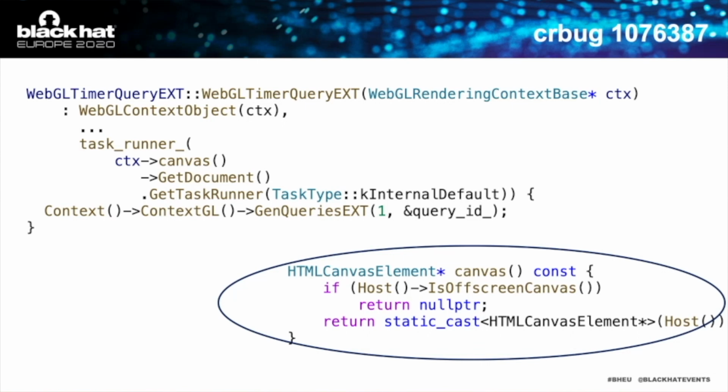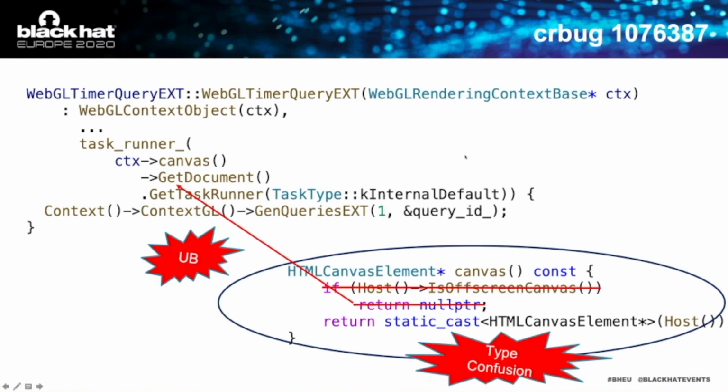In the canvas function, it will check the host type to decide whether to return a null pointer or cast the host to an HTMLCanvasElement and return its address. Calling from a null pointer is undefined behavior. LLVM will remove the branch so that we can confuse OffscreenCanvas with HTMLCanvasElement.